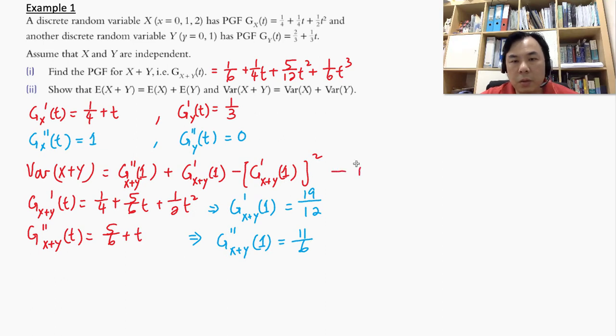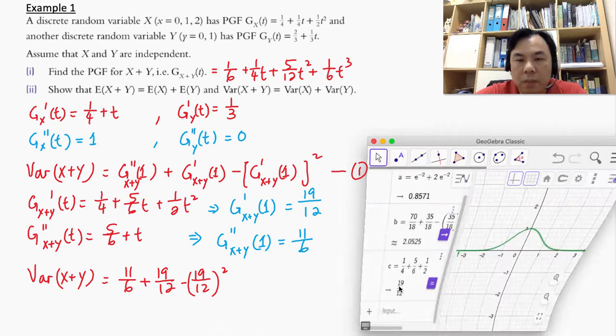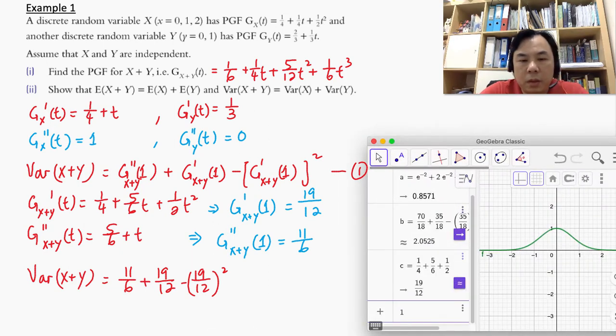Once we have done with that, all we need to do is substitute this result back into equation number 1 here. Therefore, the sum of the variance is equal to, what do we have here? 11 over 6 plus 19 over 12, and then finally I need this result one more time, 19 over 12 squared. Now let me take out my calculator. 11 over 6 plus 19 over 12, subtract off 19 over 12 squared.